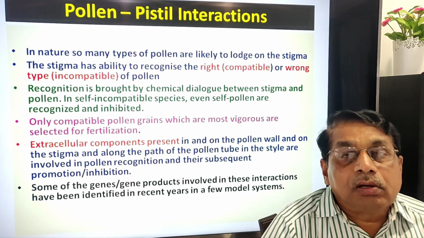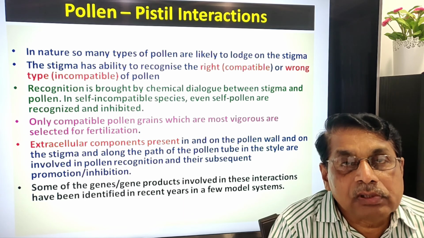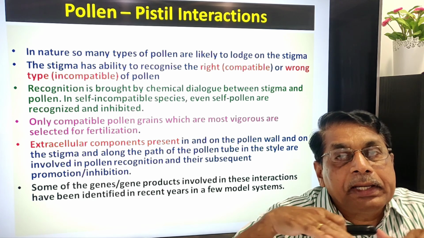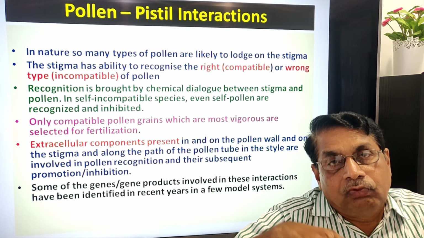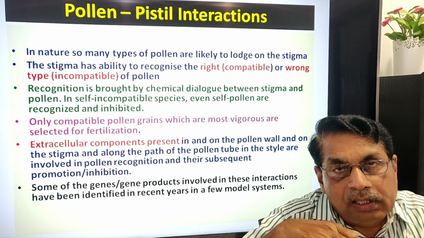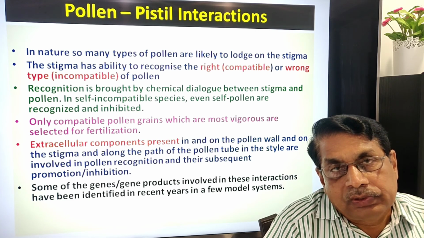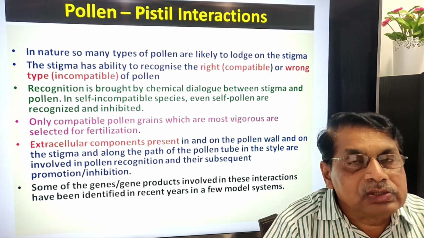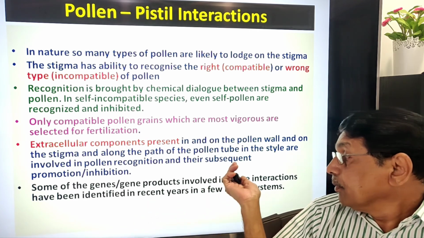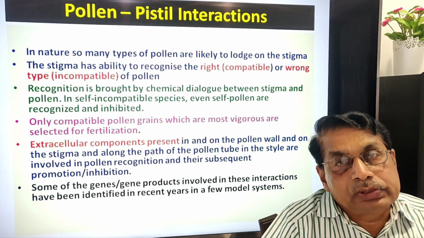Now, a lot of research work is going on at the molecular and gene level: which genes control these pollen-stigma interactions, what type of chemicals are involved, and which genes are involved in the expression of these chemicals. Such work is very important in plant breeding. Model systems are used.